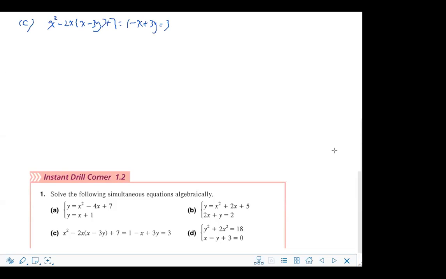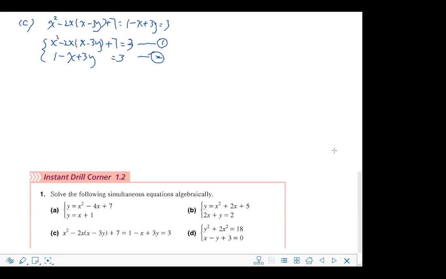Okay, so that should be x squared minus 2x times x minus 3y plus 7 is equal to 3. Okay, so I choose the simplest one to be the one we will use twice. Okay, and then 1 minus x plus 3y is equal to 3. That is equation 2.